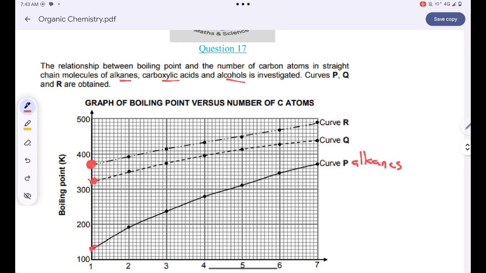So curve R represents carboxylic acids. Okay, so since curve R is carboxylic acid and curve P is alkanes, that leaves curve Q to represent alcohols.